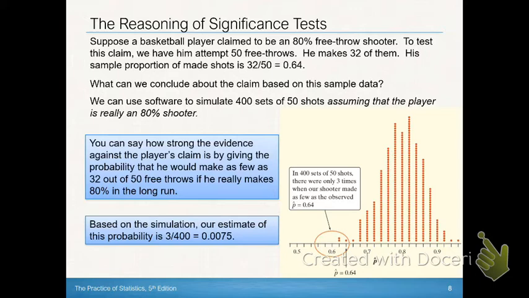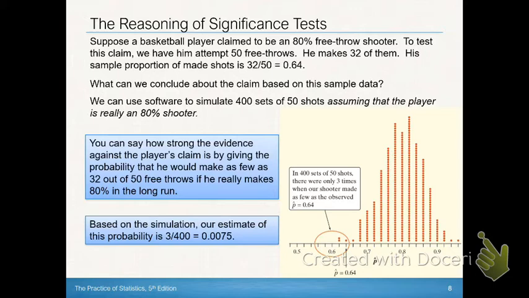Maybe you would make a spinner that has 10 sections, and 8 of those sections you would mark as making it, and 2 you would mark as missing the shot. That would theoretically be an 80% shooter. Then you spin the spinner 50 times, and you record how many times they made the shot. And then you put a dot on the dot plot for that. So essentially that's what was done here.